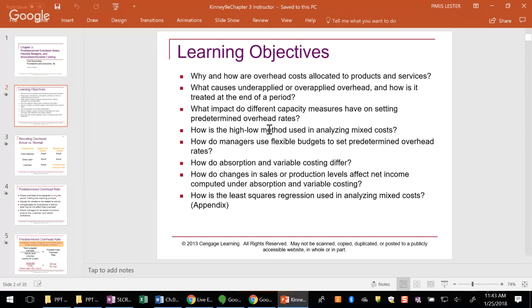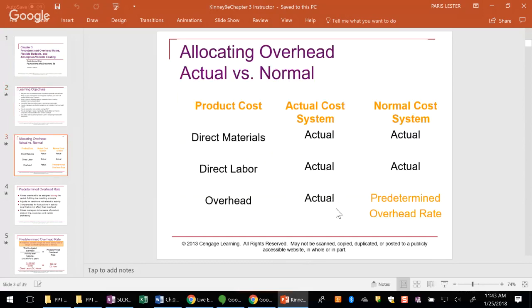Remember the old high-low method? How to use flexible budgets, absorption and variable costing. Now that's a whole lot of stuff in one chapter. And how is the method of least squares used? Now I think we had the method of least squares in managerial, but we didn't. All right, we didn't do that, okay?